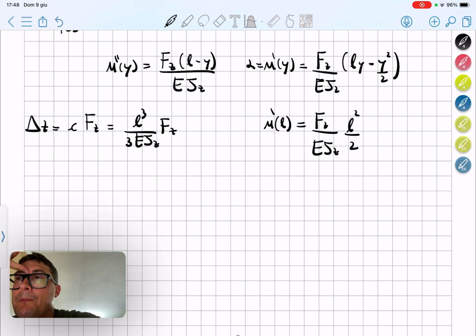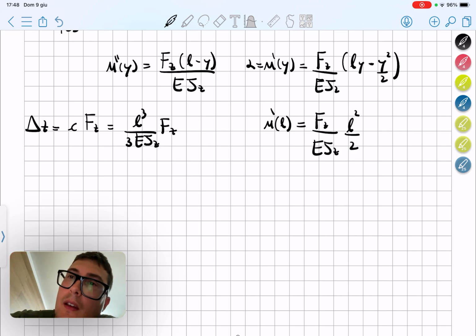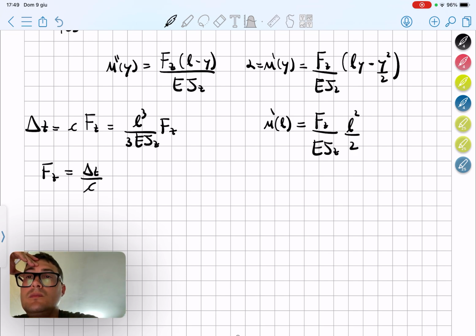So we replace, instead of F_z in there, we write delta z over c.